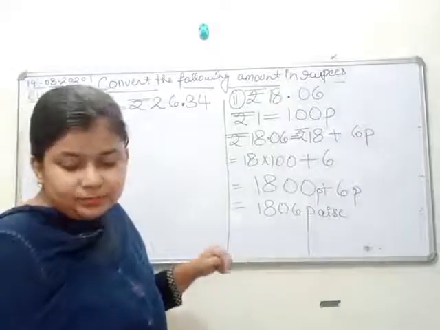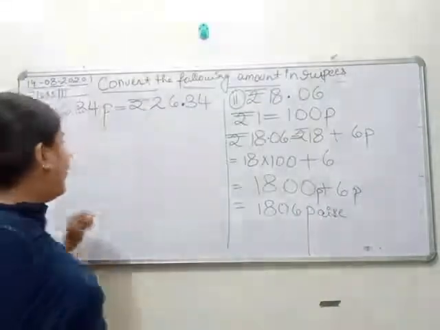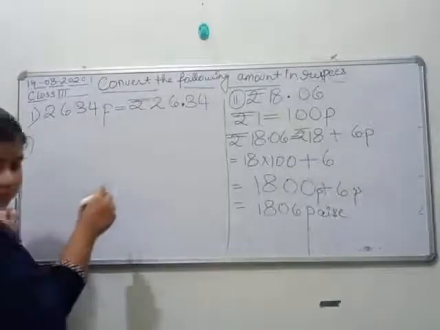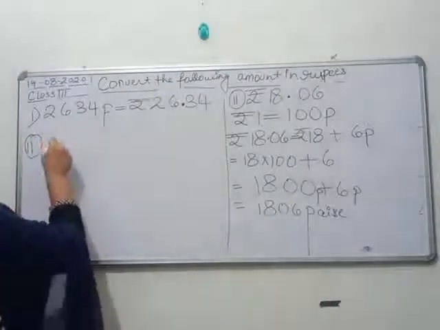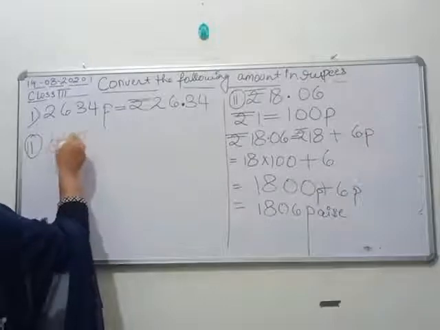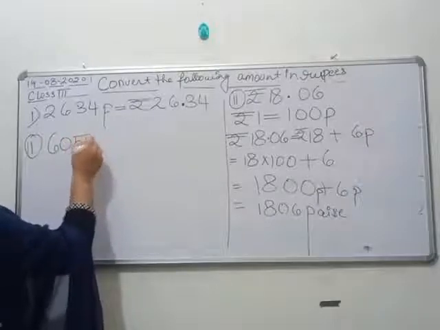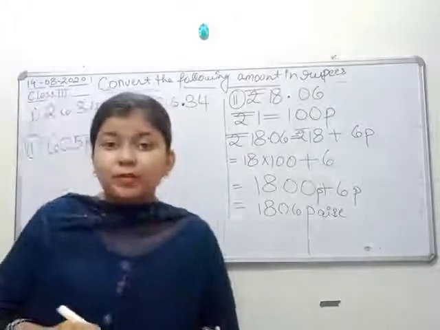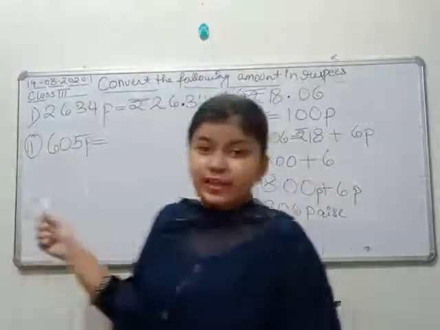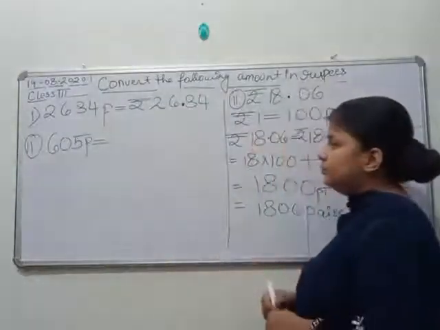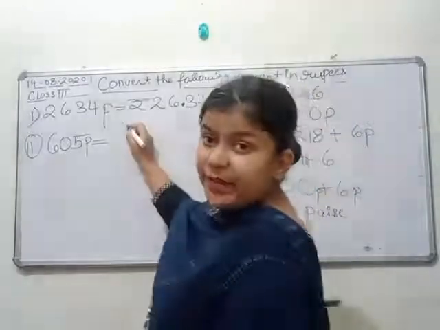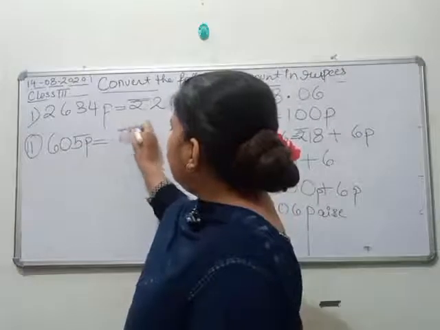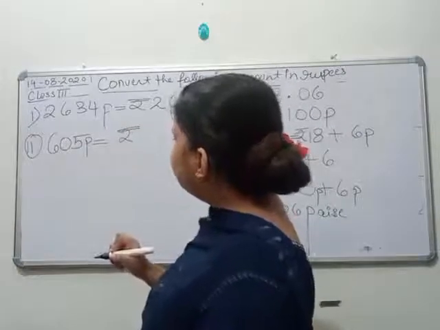Okay. Next, let us take another example. Next is 605 paisa. First of all we will write the rupees sign.